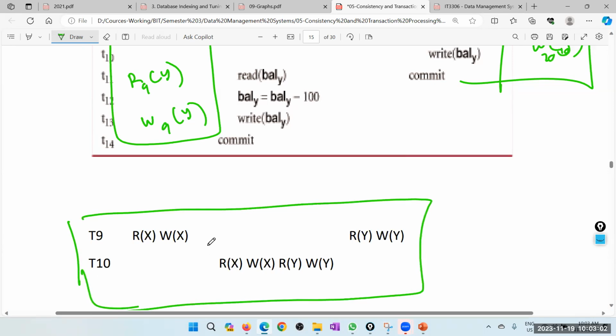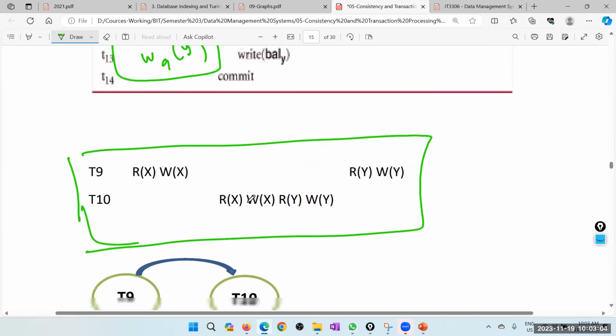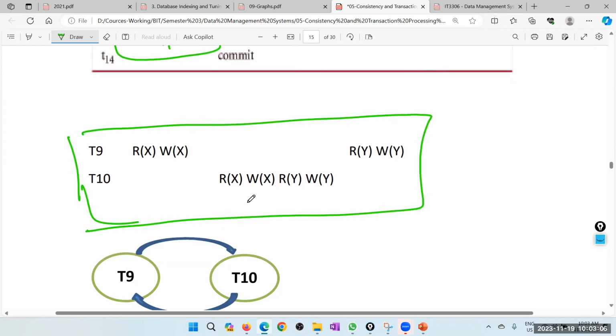Right. Now what we have to do is draw a precedence graph. Now our task is to see whether, if we proceed with these two transactions, which are of course not serial, this is okay. And also see whether this is equivalent to one of the serial schedules.